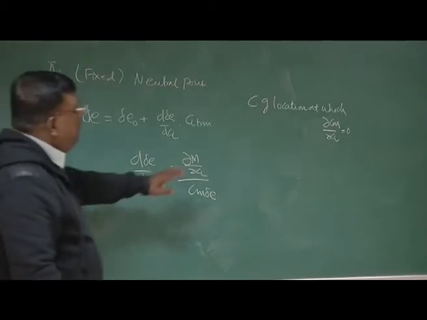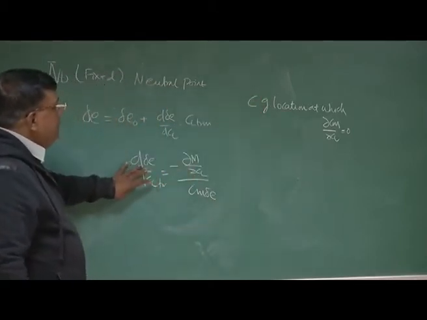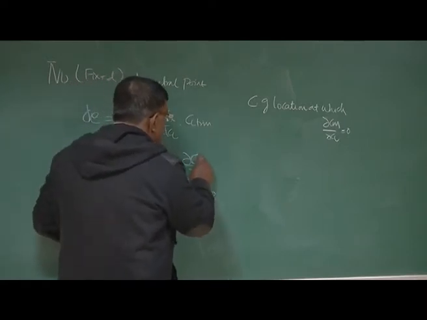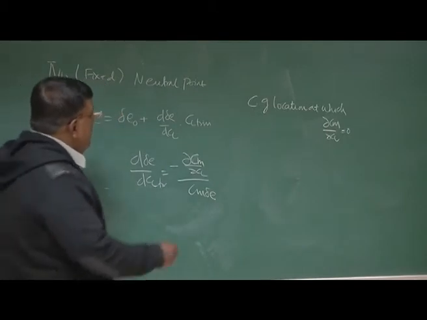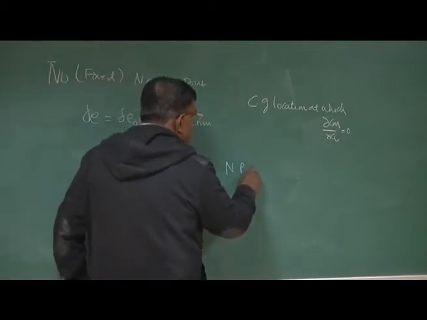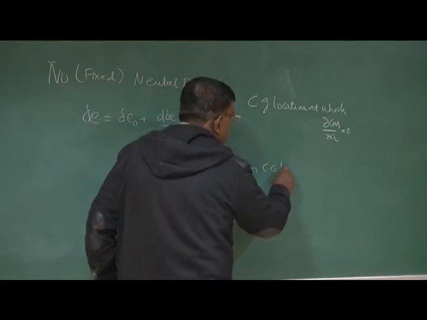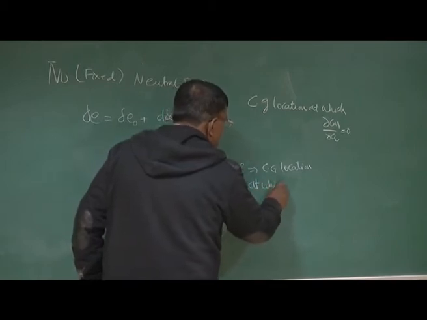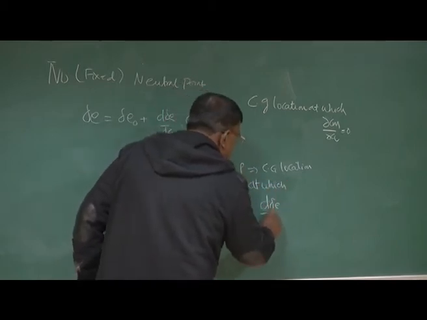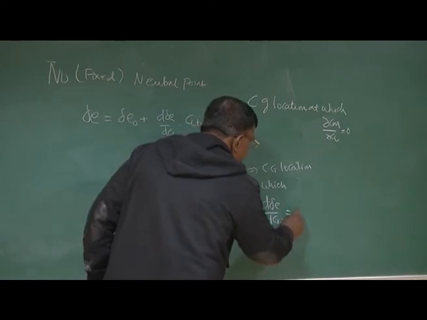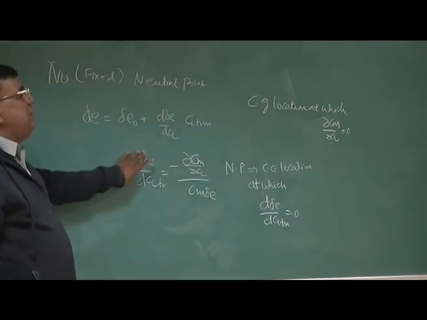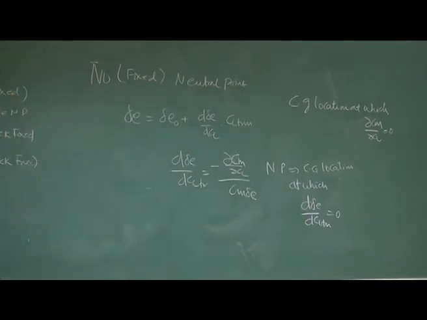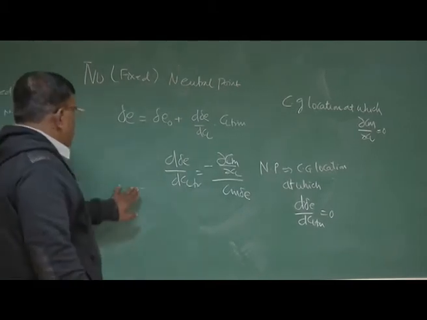So, if I now translate this understanding here, since at neutral point dCm by dCl will be 0, I can say neutral point is that CG location at which approximately d delta E by dCl trim equal to 0. Why is it approximately? Because this expression is approximate. Remember, we neglected a few terms. So from an experimental point of view, it is extremely important what approximations you are making.